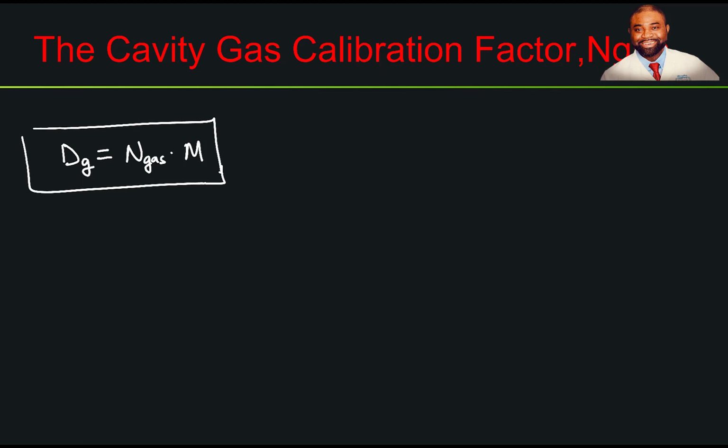The measurement of N gas is complicated. The formulation is really complicated, and it's really above the scope of this lecture for me to go into the derivation of this gas. But in order to do justice to this equation, the dose deposited in the gas is equal to N gas, which is the cavity gas calibration factor, multiplied by the corrected electrometer reading.